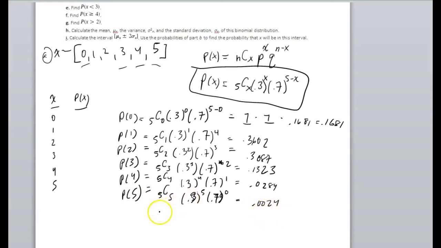So we assume that these are independent trials. So the only way for this to occur is one way, right? 5 choose 5. That ends up being a 1. And we have no failures, so this ends up being a 1 as well, and 0.3 to the 5.